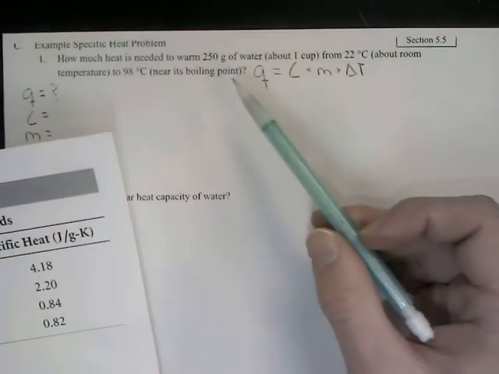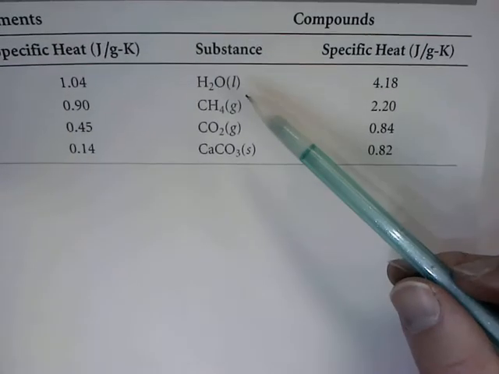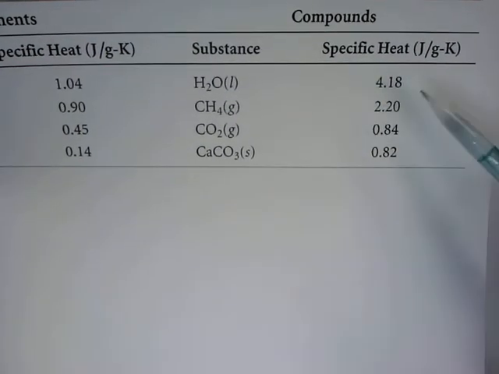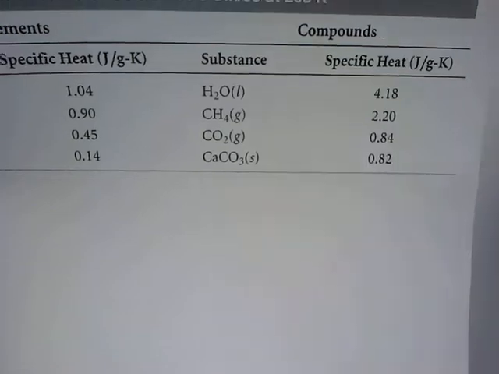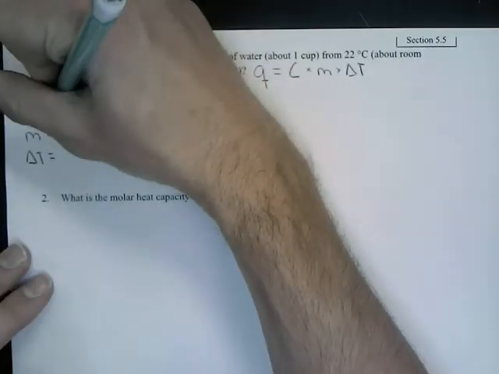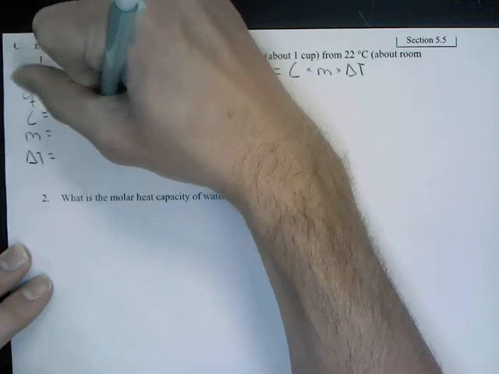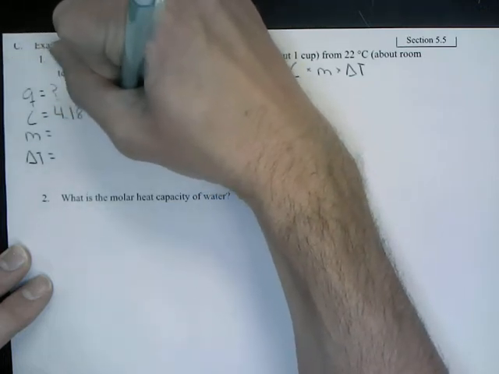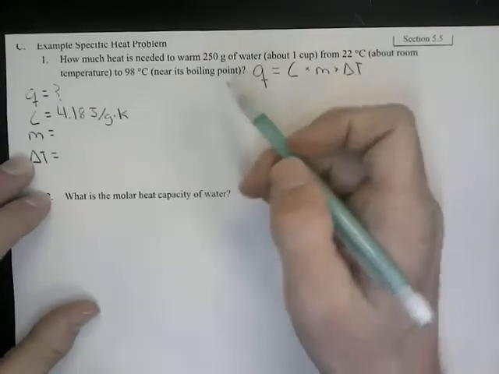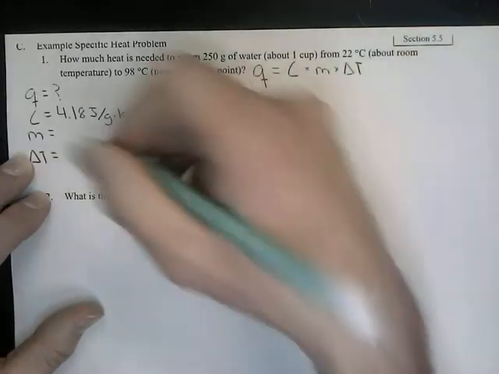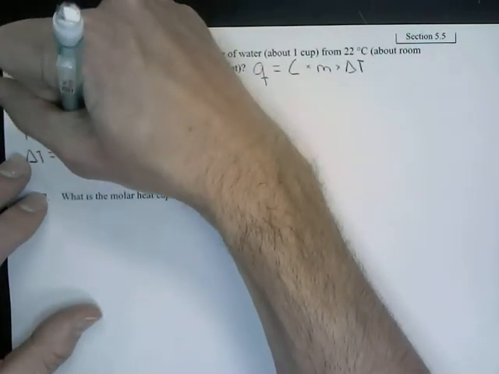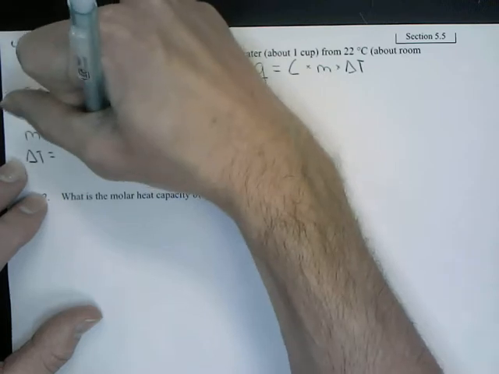Now, we are dealing with water, H2O, and the specific heat of water is 4.18 joules per gram Kelvin. And then our mass of water, it says we're using about 250 grams of water. And so we'll put that here.